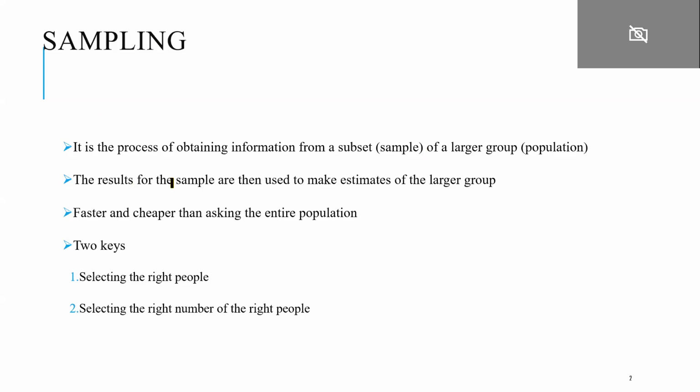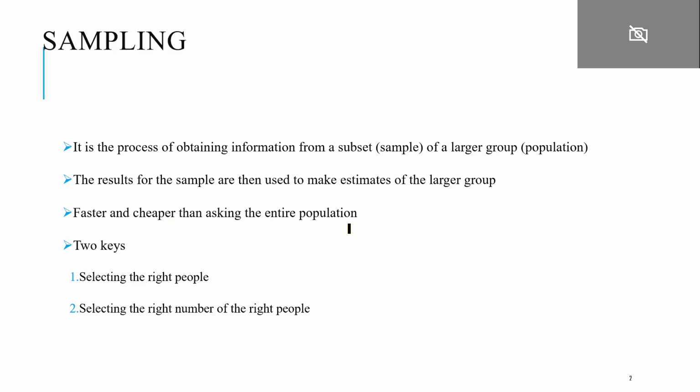When you select some elements or units from your population, you perform research on that smaller group, and whatever findings come, you make the estimation for your larger group. It is much faster and cheaper than asking the entire population.